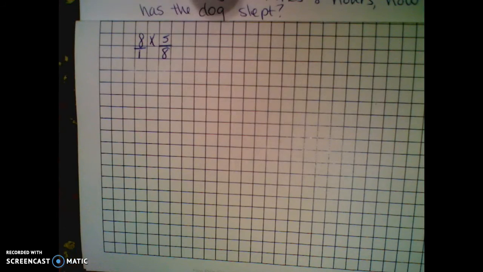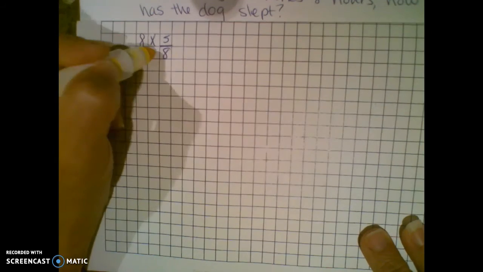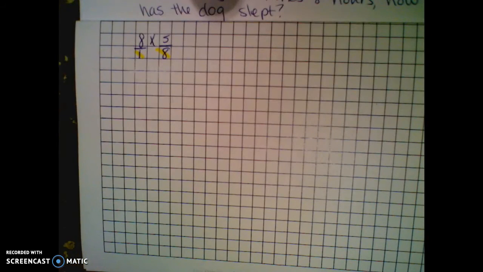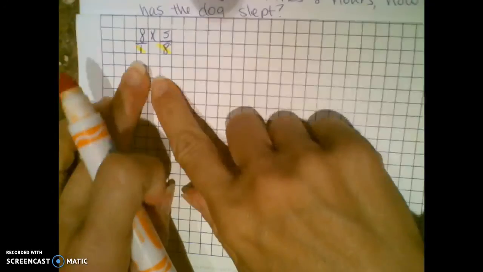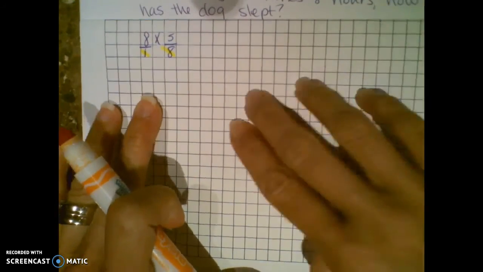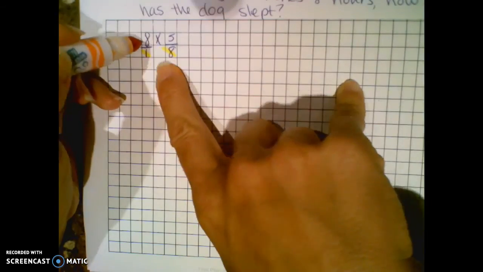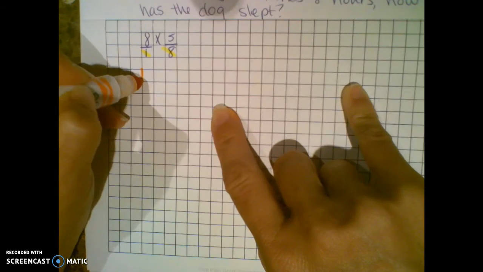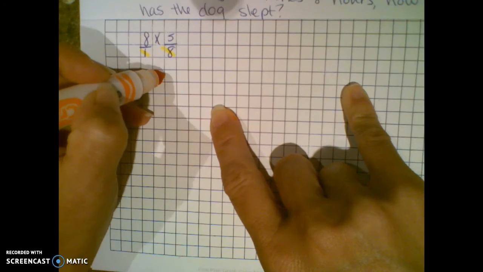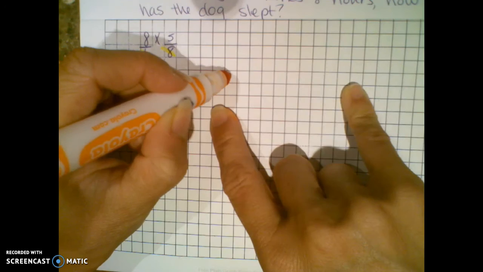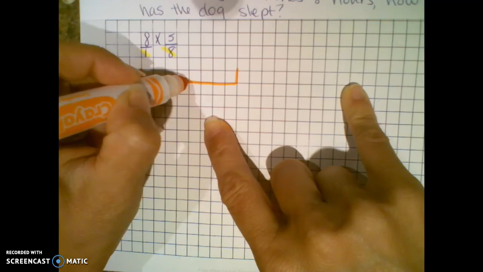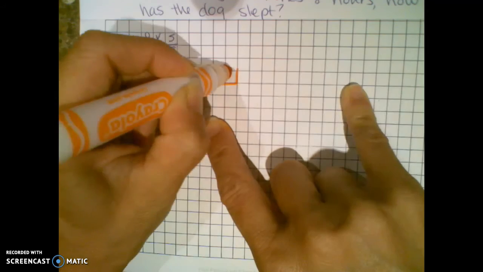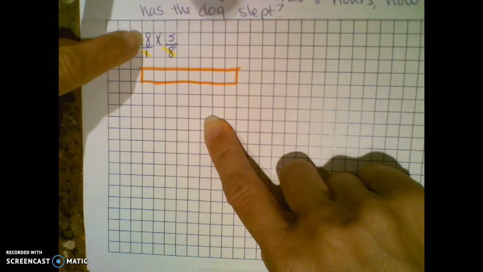And remember, when we were doing models, we used those denominators to help determine the dimensions of our models. Now, I'm going to do a 1/8. So 1, 2, 3, 4, 5, 6, 7, 8. So 1/8 here. I know I'm doing a 1/8, but I need 8 of those.